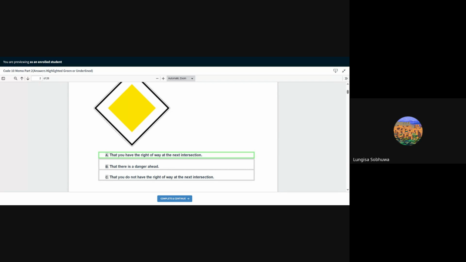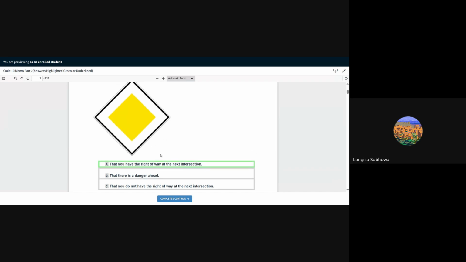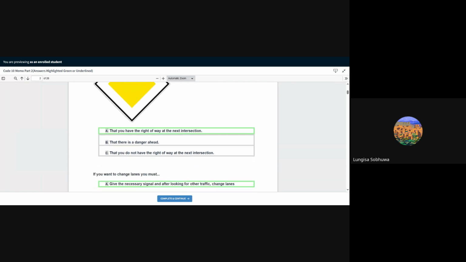And option C says that you do not have the right of way at the next intersection. So in this case, the correct answer is you have the right of way in the intersection. So when you see this sign, know that you have the right of way in the next intersection.